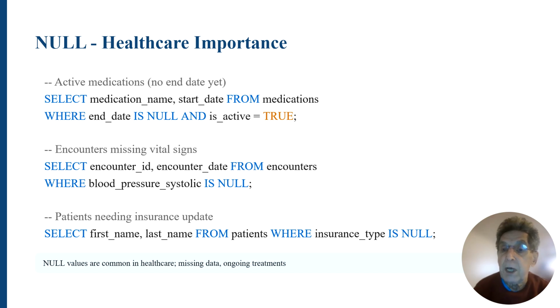If blood pressure systolic is NULL, that's a gap in documentation. You might use this for quality assurance, identifying encounters where vitals weren't recorded. Here's a third example, finding patients who need insurance updates. If insurance type is NULL, we don't have insurance information on file for that patient. This could affect billing and eligibility verification.